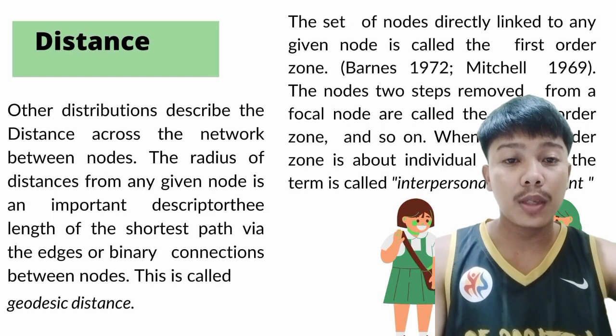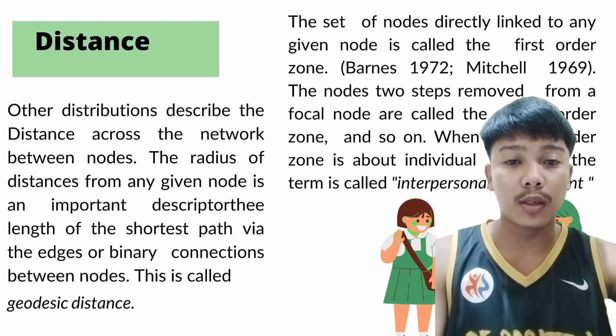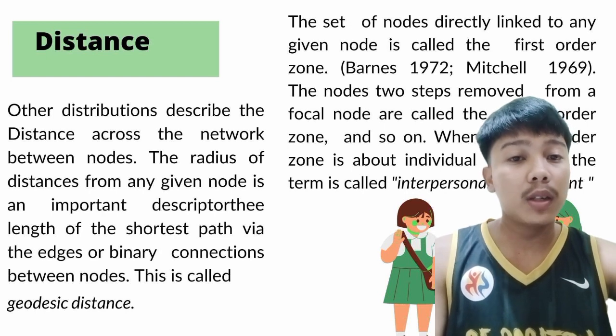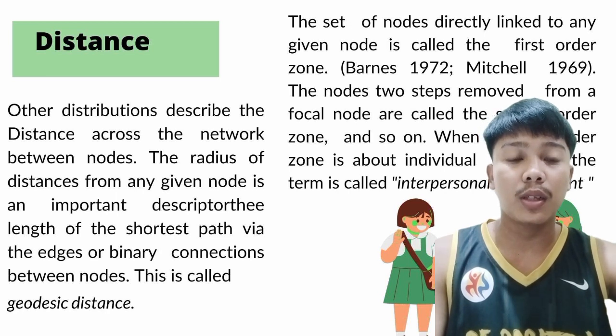The concept of distance is also used in various network analysis techniques, such as calculating the average path length or diameter of a network, which provide insights into the overall connectivity and efficiency of information flow within a network. Overall, distance is a measure of separation or difference between two points or objects, whether in terms of physical space or conceptual dissimilarity.